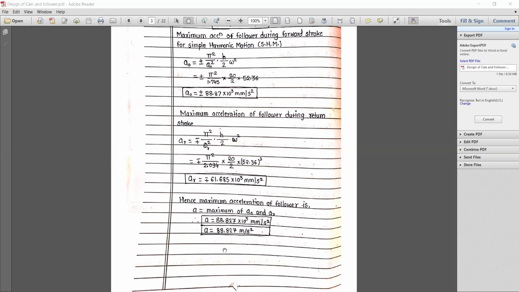If you compare forward and return strokes, the maximum acceleration is always during the forward stroke. Hence the maximum acceleration we need to consider is 88.827 into 10 raised to 3 mm per second square, or A is equal to 88.827 meter per second square.